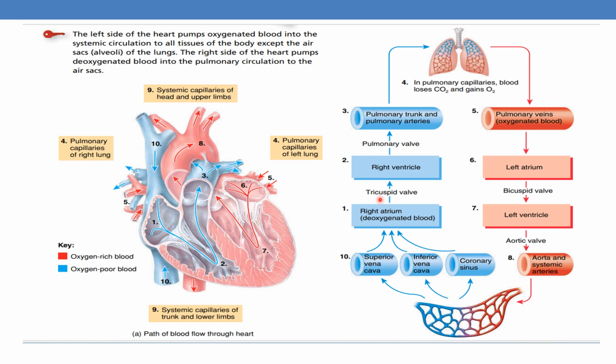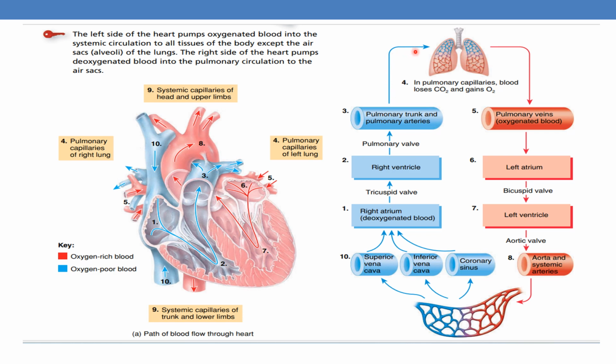Next, as we have discussed earlier, through the tricuspid valve the blood flows from the right atrium into the right ventricle. Through the pulmonary valve, the blood flows from the right ventricle into the pulmonary trunk, which is divided into the right pulmonary artery and left pulmonary artery.